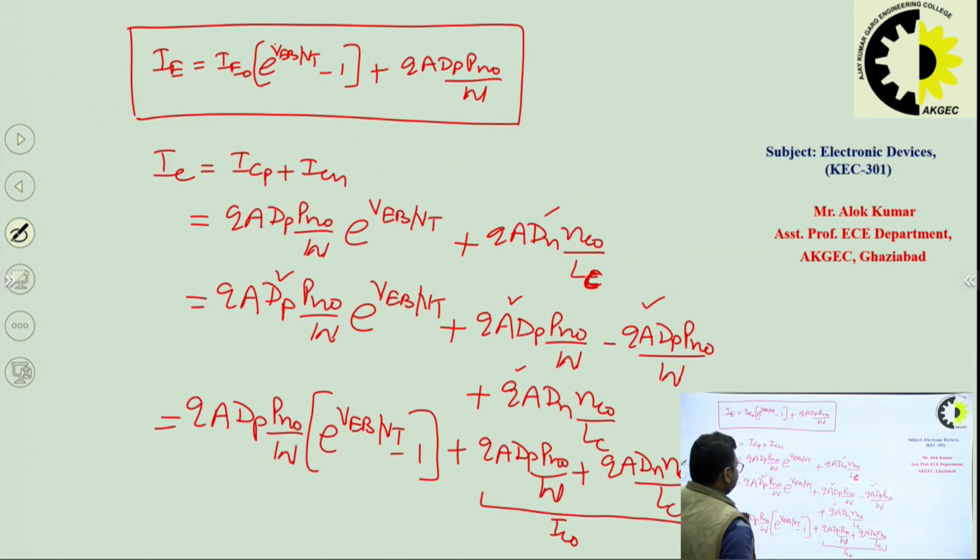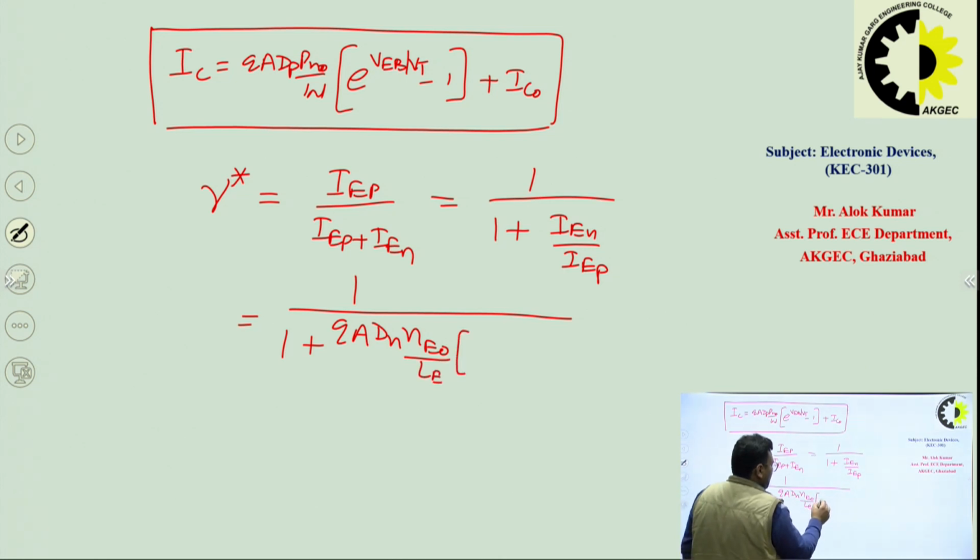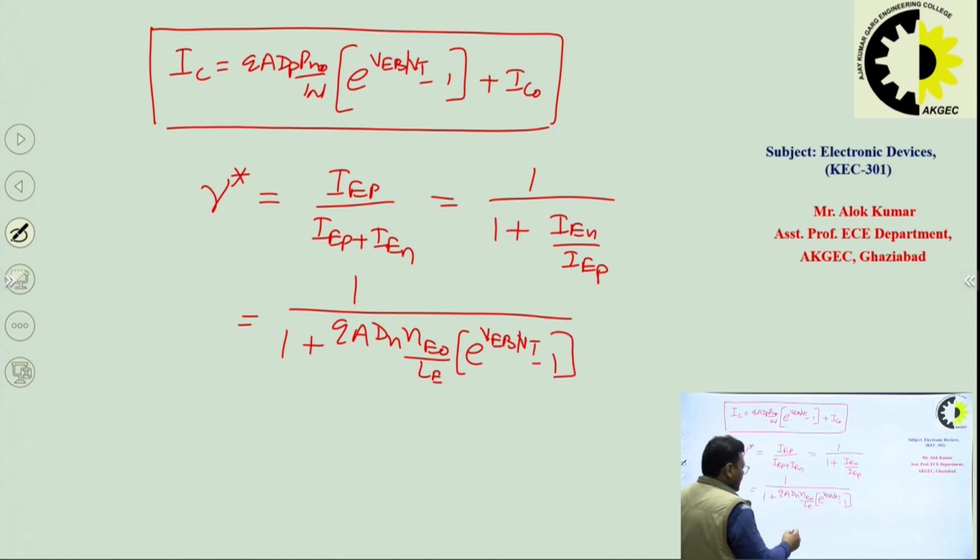So it will be QA dN NE naught upon LE into e to the power VEB upon VT minus 1, divided by IEP. What is IEP?